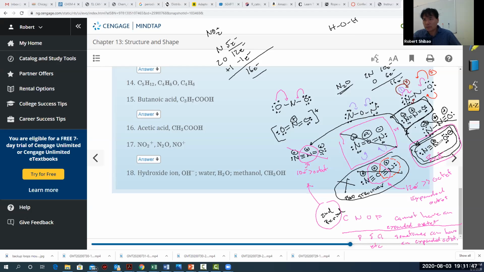A nitrogen triple bond nitrogen, single bond oxygen, with formal charges like this. We could try to get rid of the formal charge here, but we'd end up with a bad structure as well.